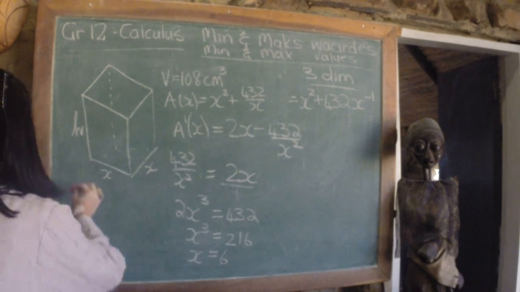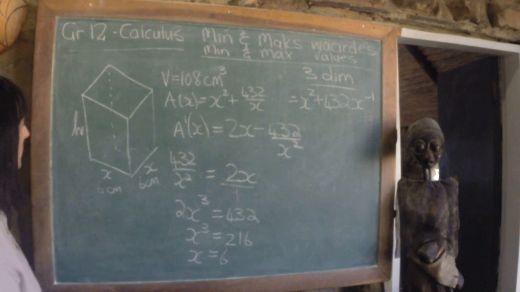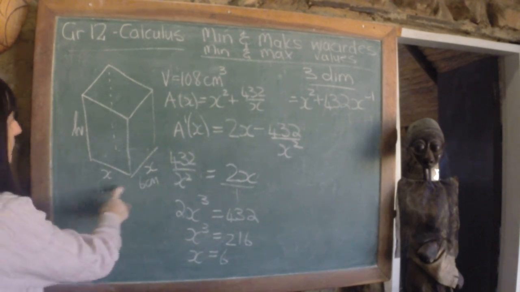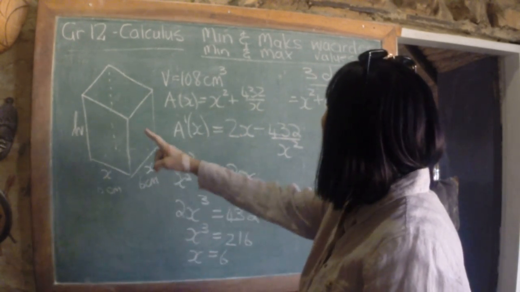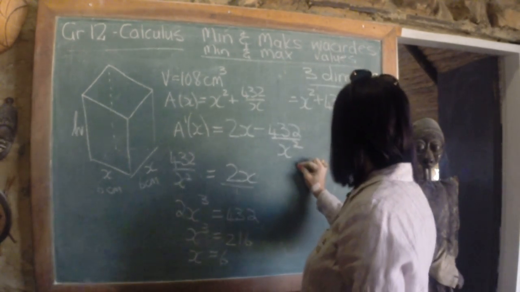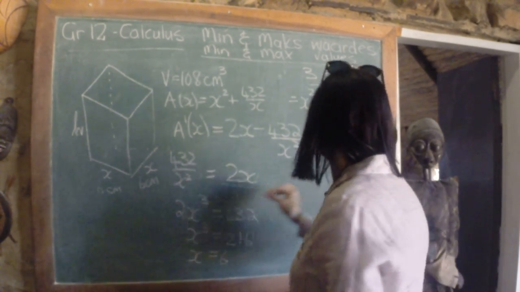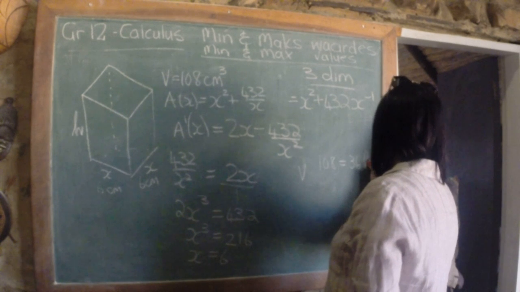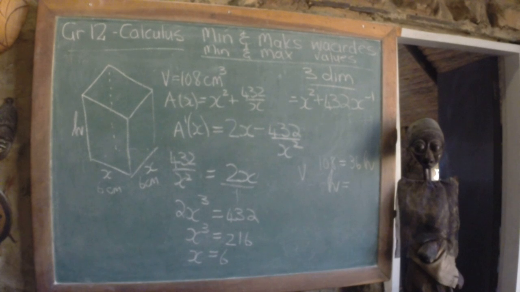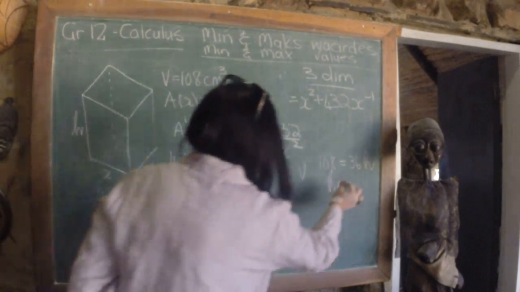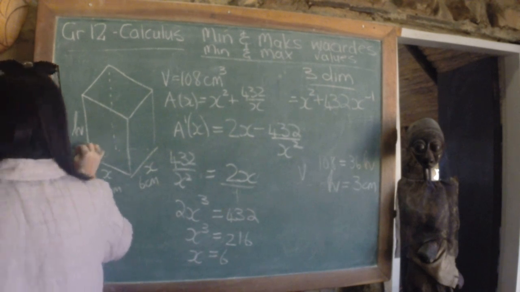So the measurement of this is 6 centimeters by 6 centimeters. So nou kan ons dit in die formule gaan terugsit om die h-waarde te kry. If you look at the volume, it is 108 and that's going to be 36 times the height. So as ek dan nou my hoogte kry, is dit 108 gedeel deur 36 en dit gee vir my 3 cm. So my hoogte is dan 3 cm.